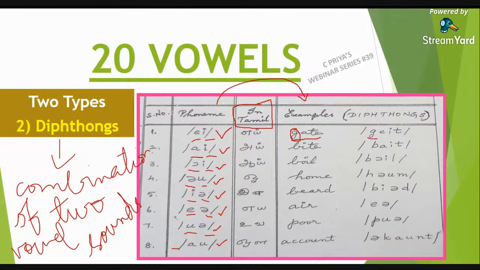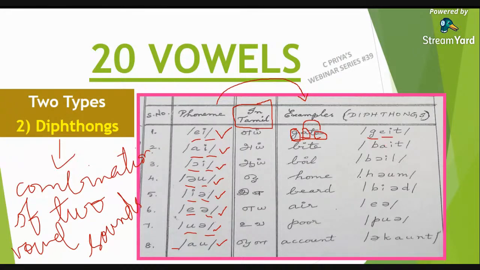G is G. When you have A and at the end E, and in the middle there is a consonant, we have to use A. Right? When we have a word ending with E preceded by a consonant and the consonant is preceded by A, there we have to use A.